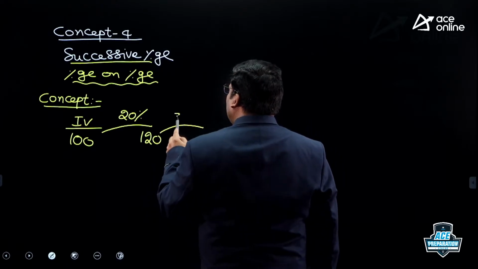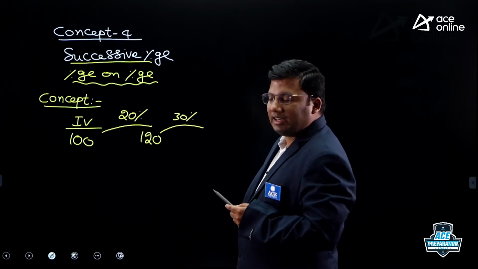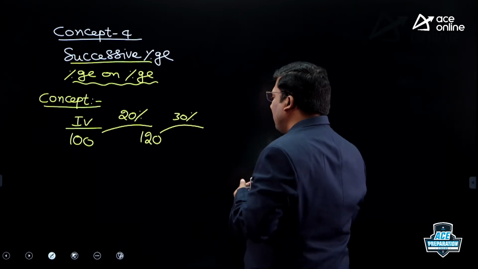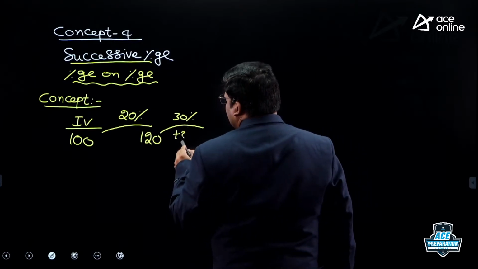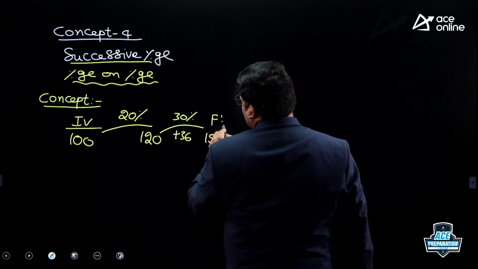On 120, a 30% increase. 10% of 120 is 12, 30% is 36. So the final value is 156.